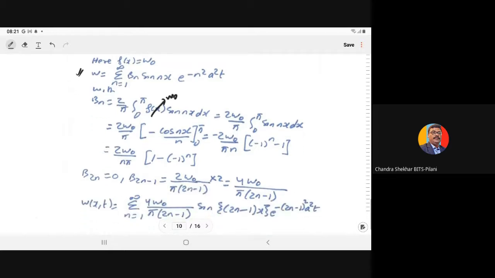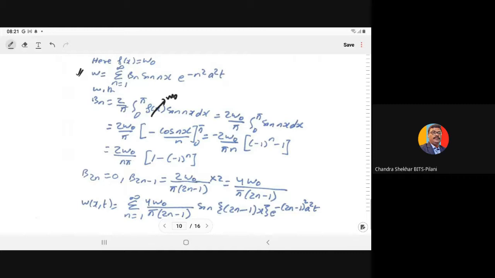So this will become 2 W naught upon pi, and the integration of sin nx is minus cos nx upon n, in limit 0 to pi. So minus 2 W naught upon pi n, and this will become cos of n pi minus cos of 0.